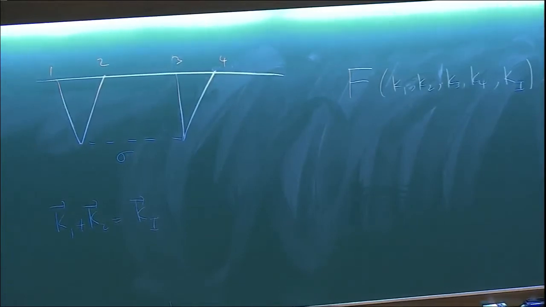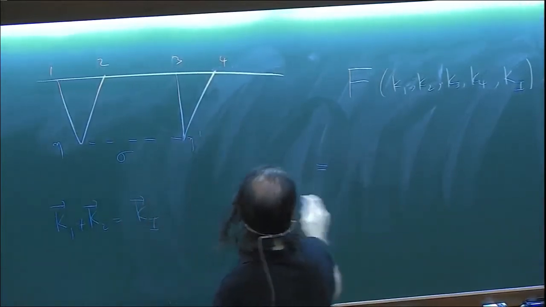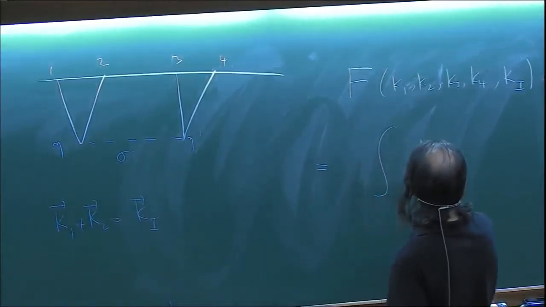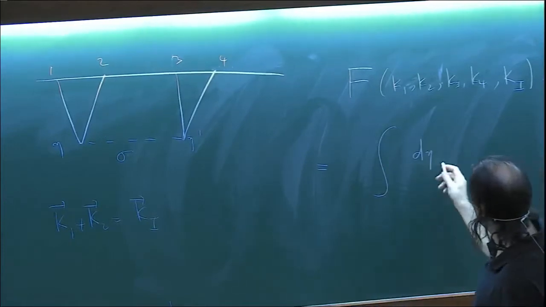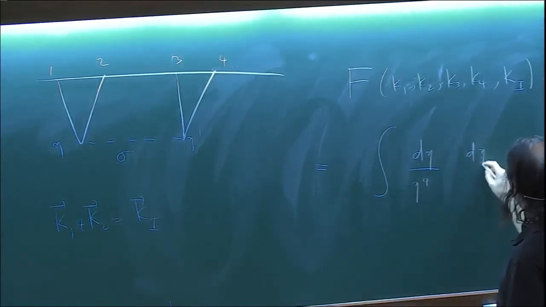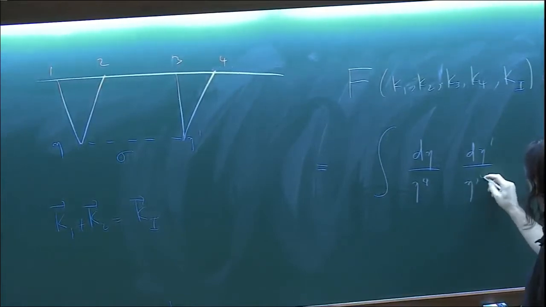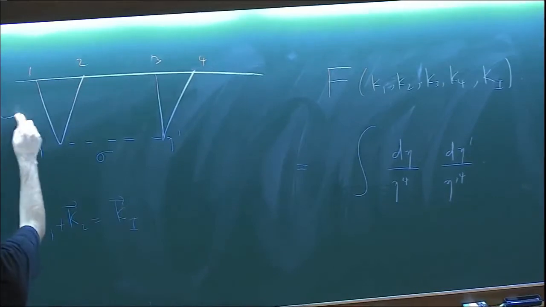All right, so let's write down the integral then. I have some eta and eta prime. So this is just the integral. Now we're in de Sitter. Okay, so what do we get from the Lagrangian? So remember, from the root g's, we get a d eta over eta to the 4th. And then we get a d eta prime over eta prime to the 4th. But now, what is this propagator? So let's remind ourselves, what is this propagator?